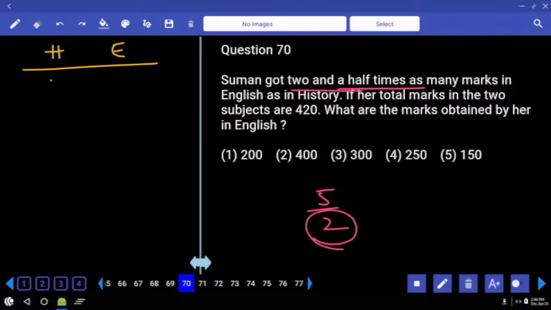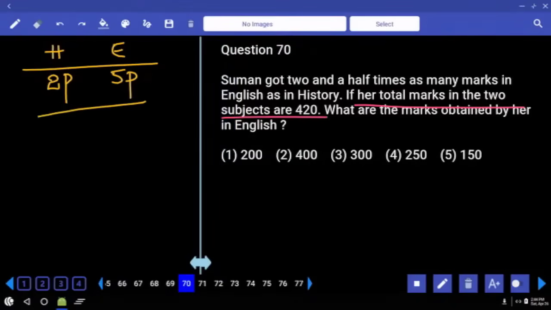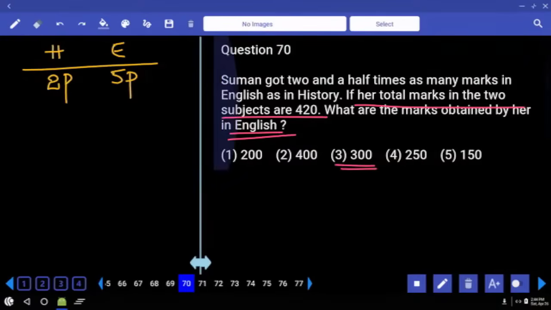So in history, if he gets 2 parts, in English he will get 5 parts. If her total marks in 2 subjects is 420, how many parts do we have in total? 7 parts. 7 parts is equal to 420. Each part 60. And the question is about English marks, right? 5 parts. 5 into 60. Come on. 300. 300, third option is the answer.